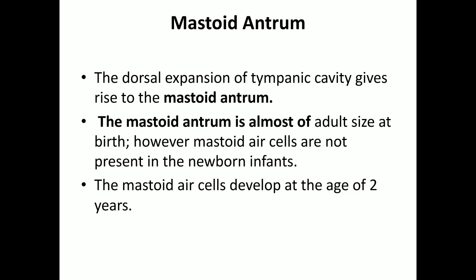This dorsal expansion of the tympanic cavity gives rise to the mastoid antrum, and we have discussed that it is full size at the time of birth. But at birth there are no air cells, and these air cells develop at the age of 2 years. So the mastoid process also develops at the age of 2 years.